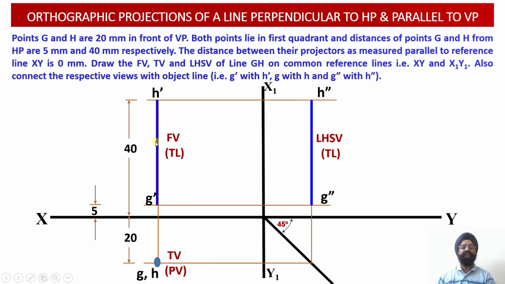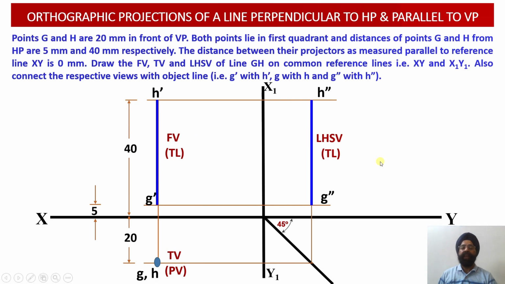So front view projections have been obtained above the XY reference line, that is G dash H dash. The top view projections have been obtained below the XY reference line, and the left hand side view projections have been obtained on the right hand side of the front view projections over here.